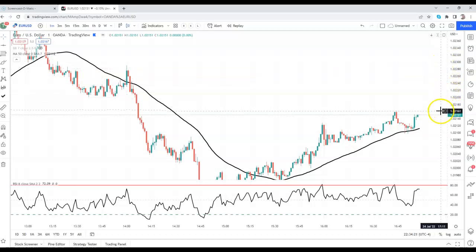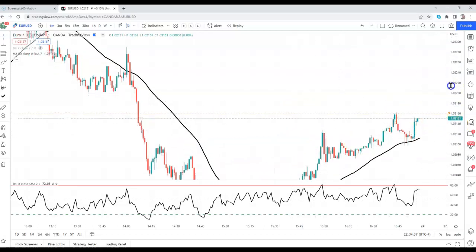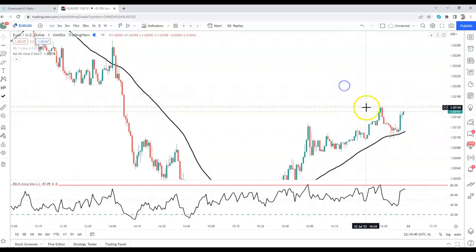So for example, we are hovering over at 1.02161. If we wanted to add an alert here, we hit this little plus sign and it asks us add alert for Euro USD at 1.02161, and we click yes. And now when price hits this area in the future, we're going to get the alert. So there's two ways to set the alert.